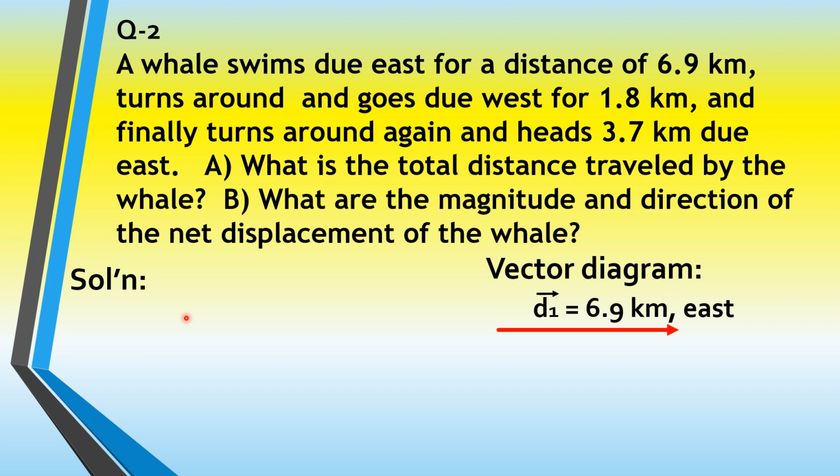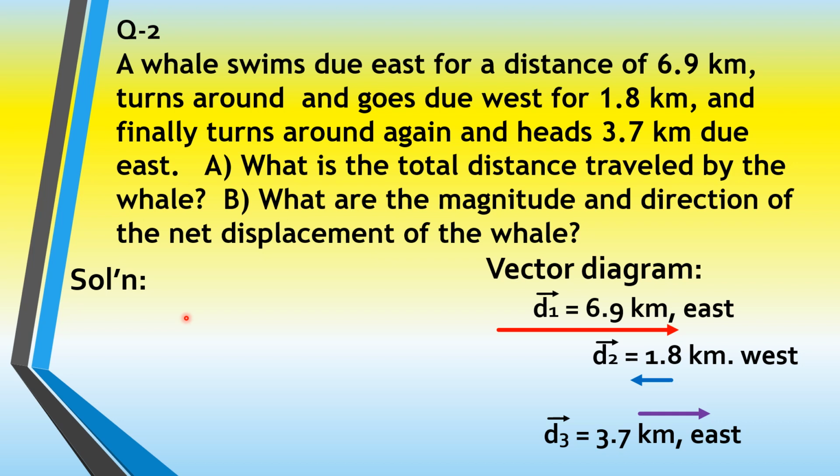The second displacement vector D2 is represented by the blue arrow directed westward. And the third displacement vector D3 is represented by the violet arrow directed eastward. Notice we displaced the three arrows a bit for clarity.